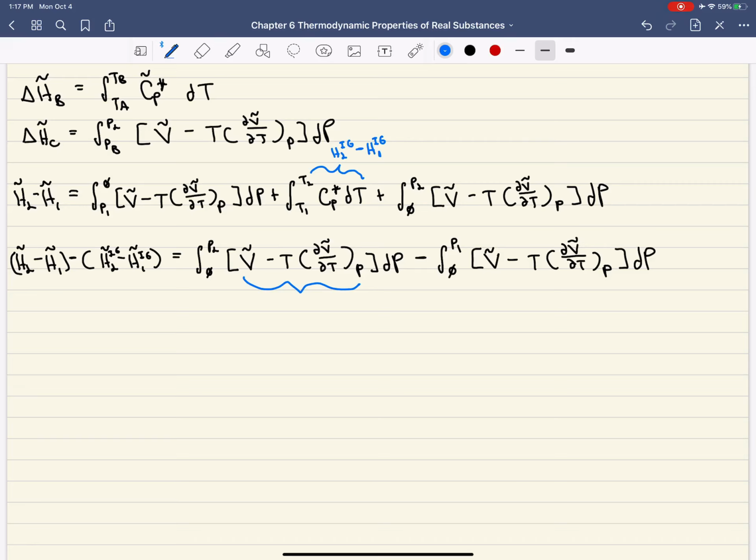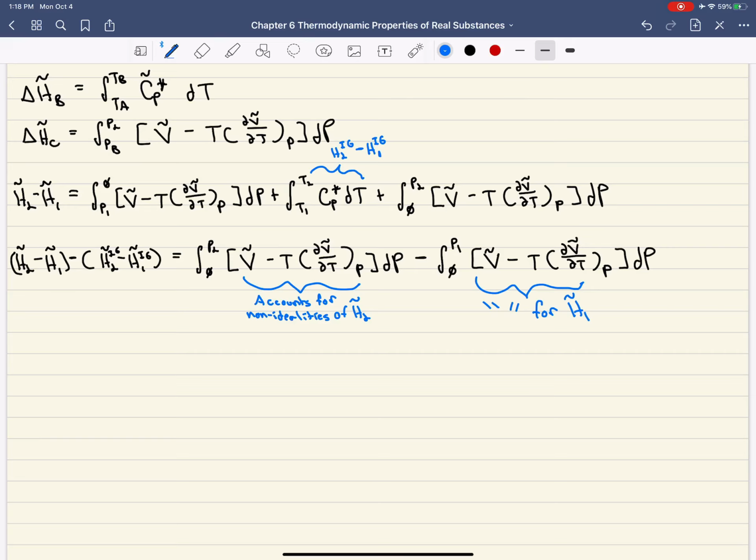Specifically, this first term accounts for the non-idealities of our outlet stream's enthalpy. And this term right here also accounts for the non-idealities, but for H1.